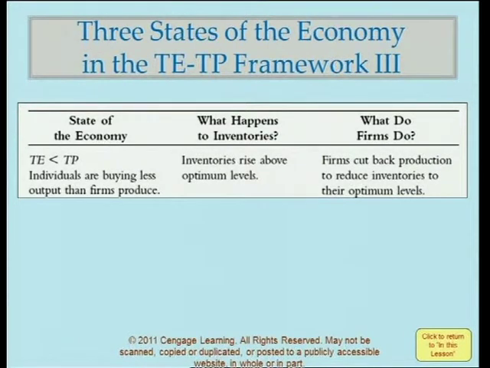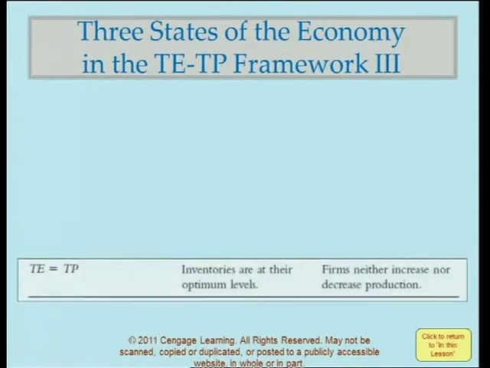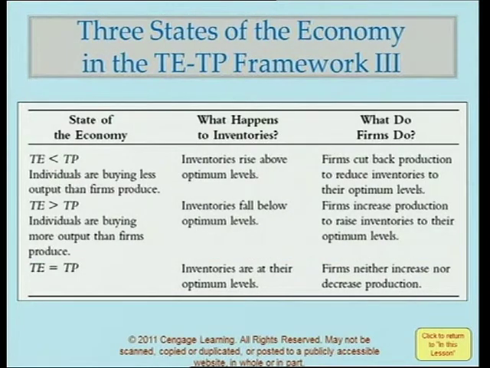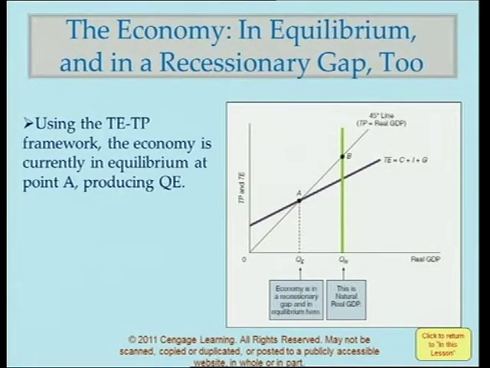So please make sure that you know this summary. And then in the equilibrium position, inventories are at the optimum levels, and firms will neither increase nor decrease production. Okay, so that is the summary of the three states of the economy.